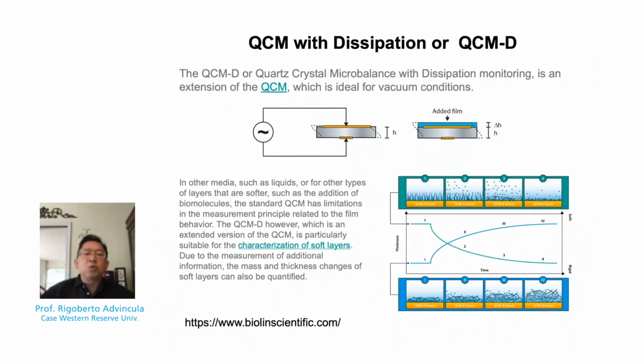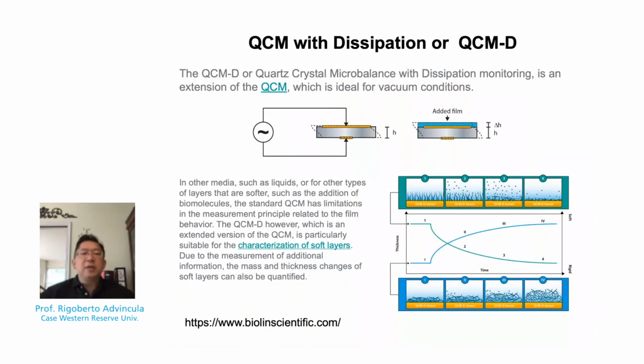In fact, QCMD is quite popular in the biosciences in that it has somewhat changed or rivals what has been done with surface plasmon resonance, a very popular method for determining binding assays in biomolecules or enzymatic action.